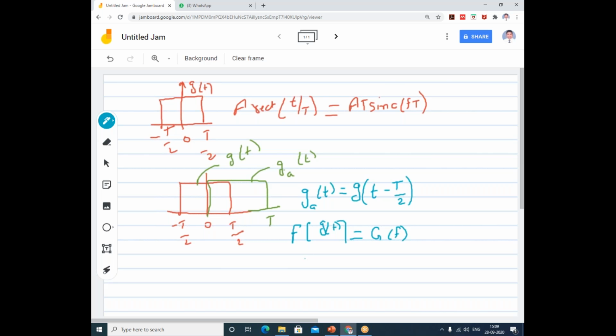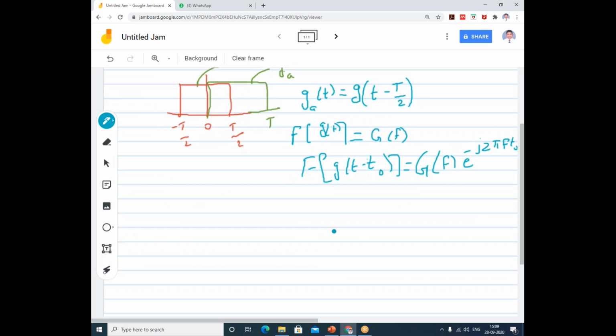Then the Fourier transform of g of t minus t naught is G of f into e power minus j2 pi f t naught. Now in the place of t naught, I have to substitute T/2.